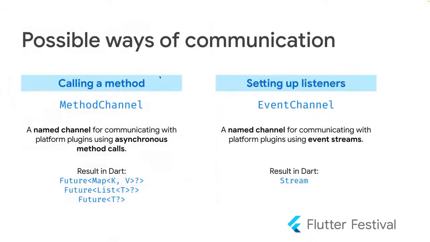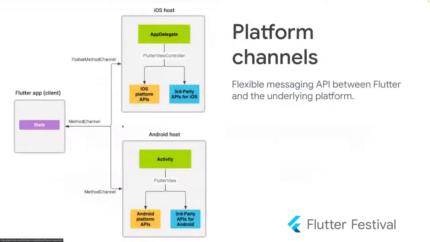Okay, so what are the possible ways of communication between my Flutter code and the native or underlying platform? There are two ways. We are either going to call a method and then get a response, and that's done through the MethodChannel class in Dart.